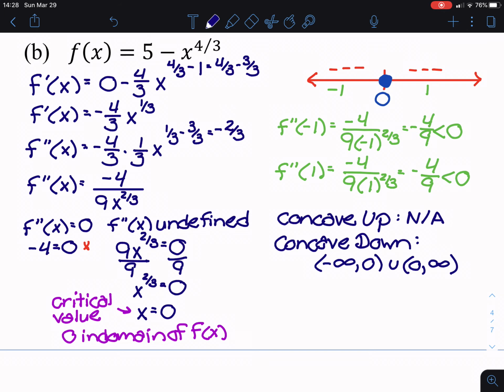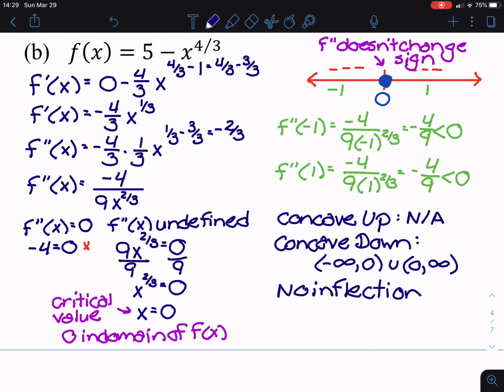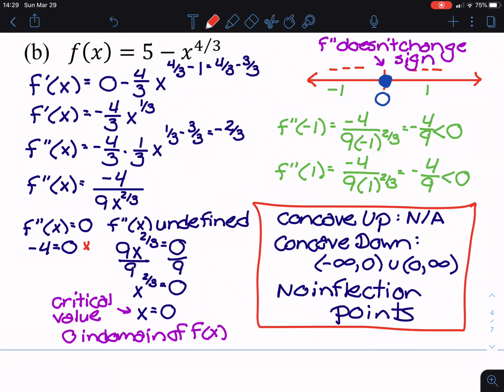And as far as inflection points go, notice right here, my second derivative doesn't change sign. So it can't be an inflection point. So there are no inflection points. And that's our solution.